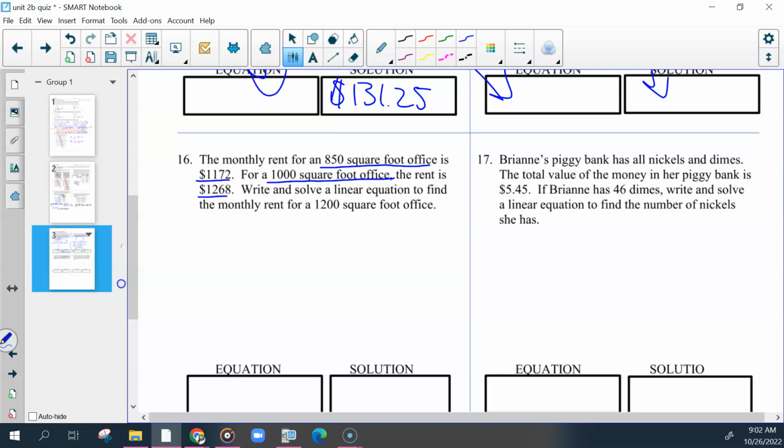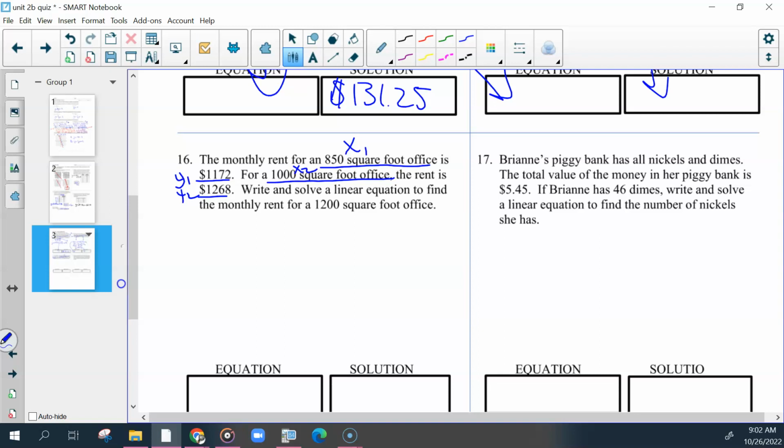Those two things are related because the amount of square footage affects the cost. Because of that, that has to be an input-output situation, an X and a Y thing. So defining your variables would look something like that.